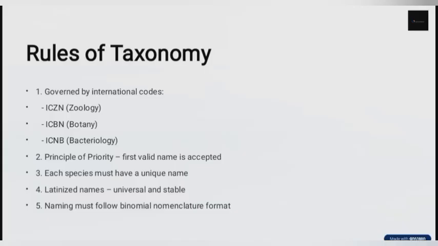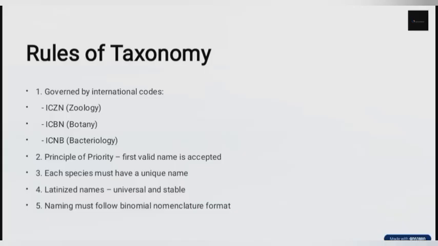This body is responsible for the naming of animals alone. They oversee giving names to animals. Secondly, we have ICBN, the International Code for Botanical Nomenclature. They oversee the naming of plants, botany.